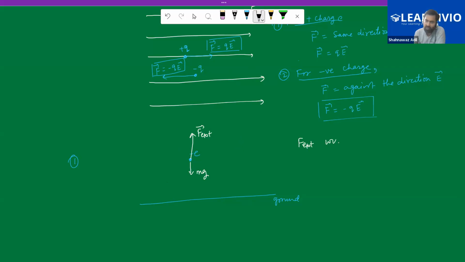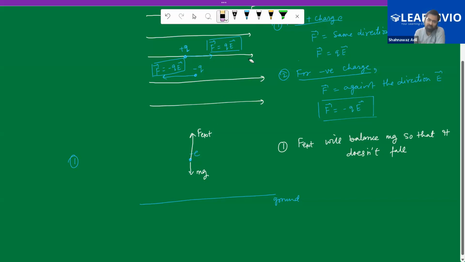F external will balance mg so that it doesn't fall. If I want to put this electron in the air, then I have to provide some external force so that it doesn't fall on the ground.